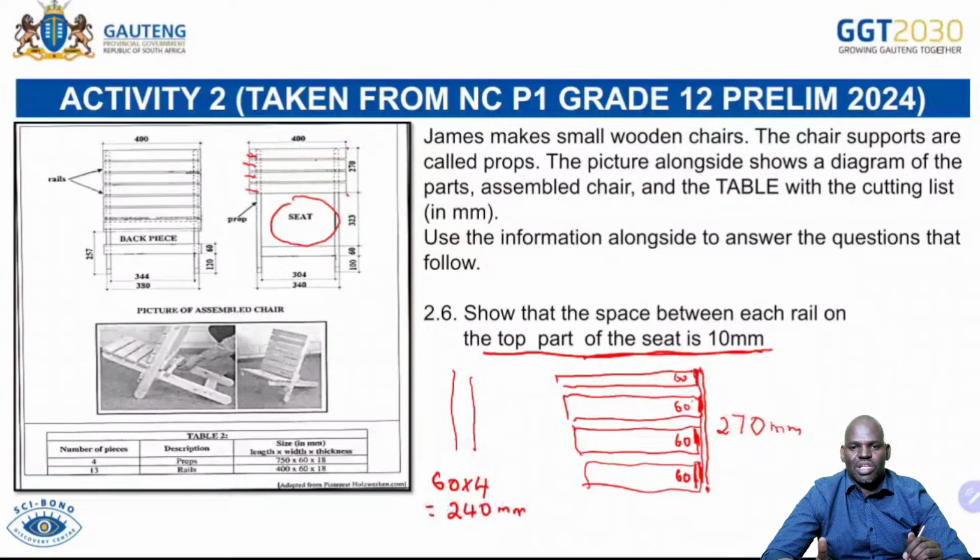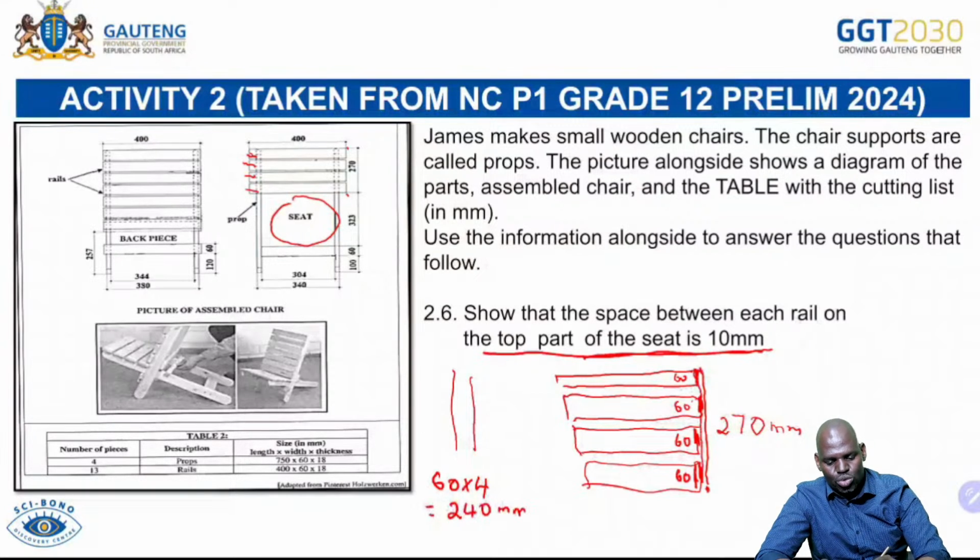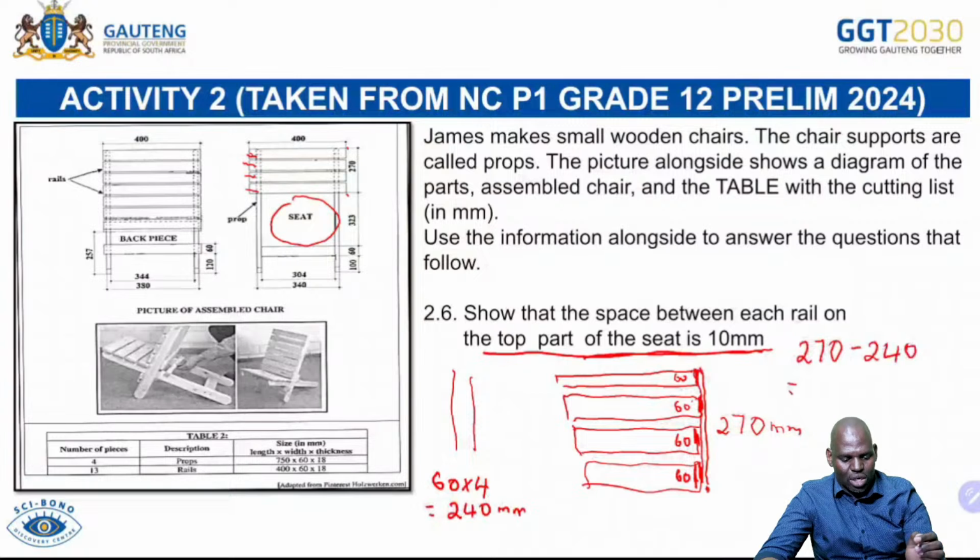It becomes 270. So the spaces in between will be the difference, 270 minus 240. So I said 60 times 4, and then I got 240, and then it's 270 minus 240, then I must get 30.